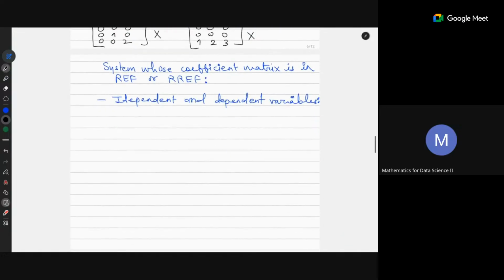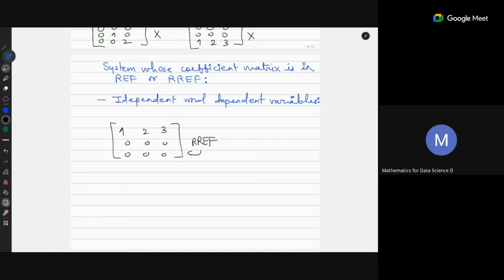For example, take the example that I just gave. Look at this. It has non-diagonal entries, so you are not going to remove them, right? This is an RREF form. It's not always the case.